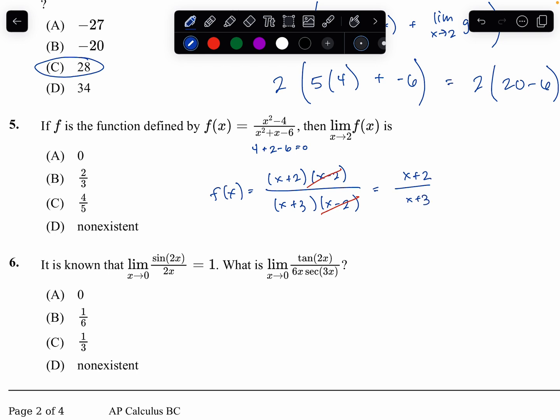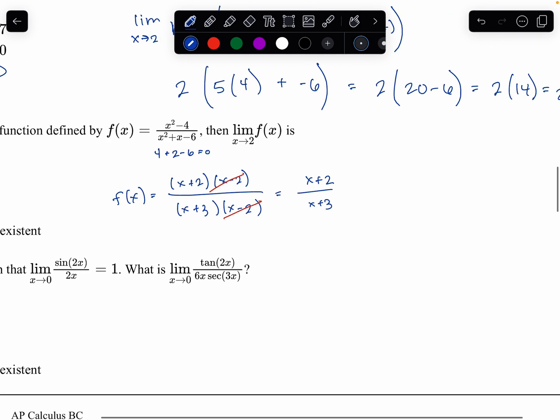So remember what we said, that if there's a factor on the numerator that's also the same as a factor on the denominator, that causes a hole in this function at x equals 2, which is why I can't plug it in here. But I can plug it in here, and that will give me what the output would be if there wasn't a hole there.